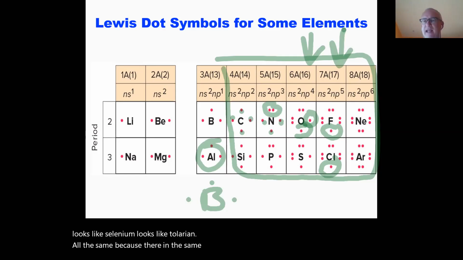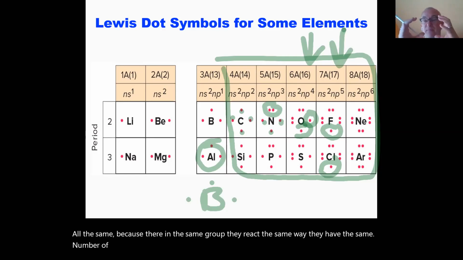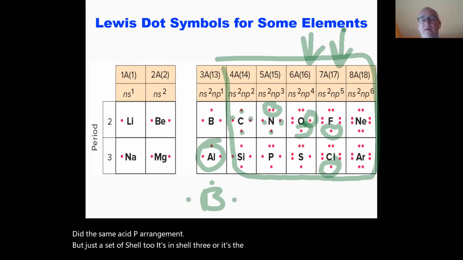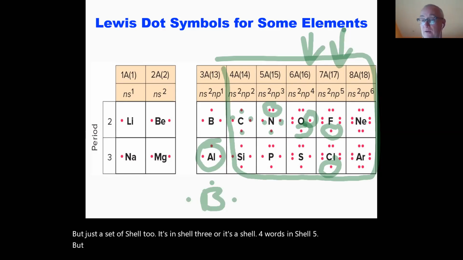They react the same way. They have the same number of valence electrons in the same place, but just in a larger shell. They're the same S and P arrangement, but just instead of shell 2, it's in shell 3, or shell 4, or shell 5. But the arrangement of those electrons is identical, okay?